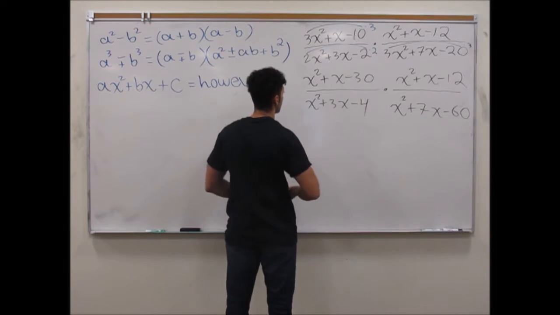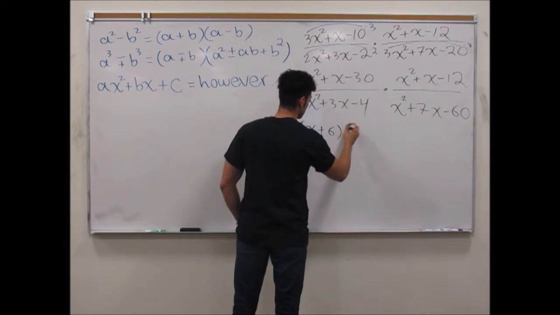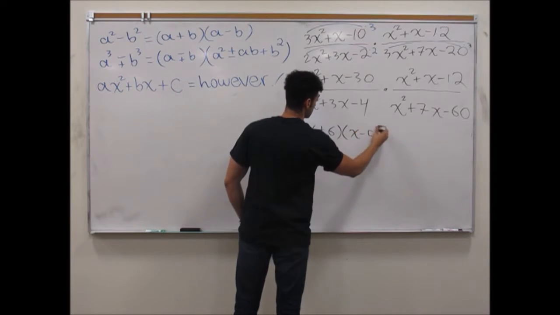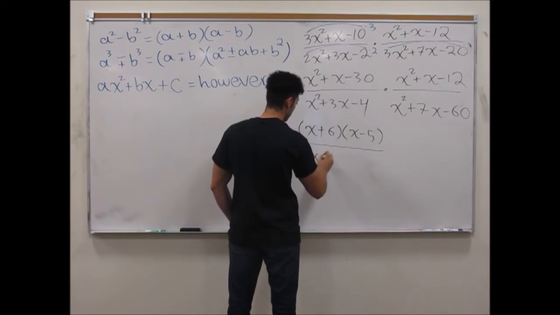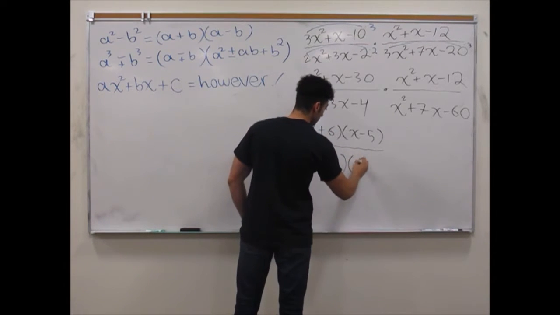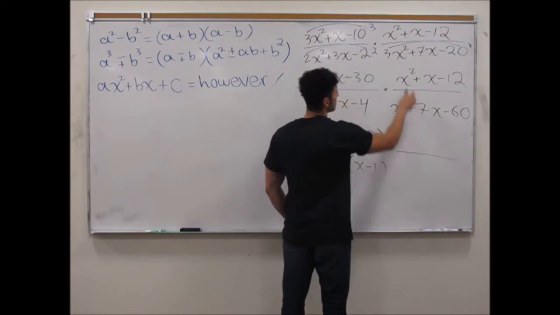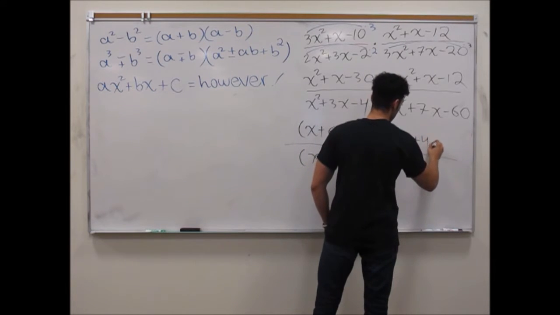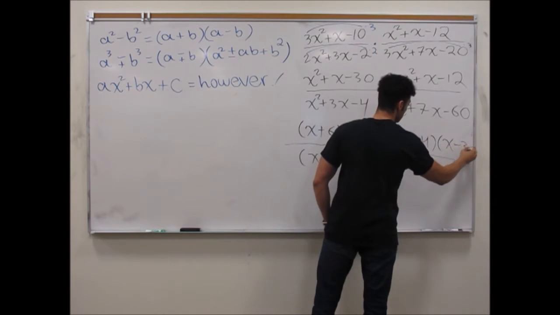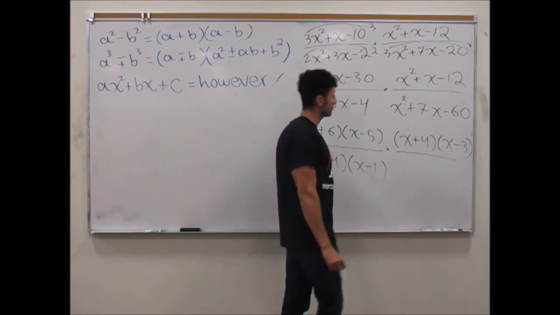So it's like a 6 and a 5. This looks like a 4 and a negative 1. This looks like a 3 and a 4. And this looks like a 12 and a 5.